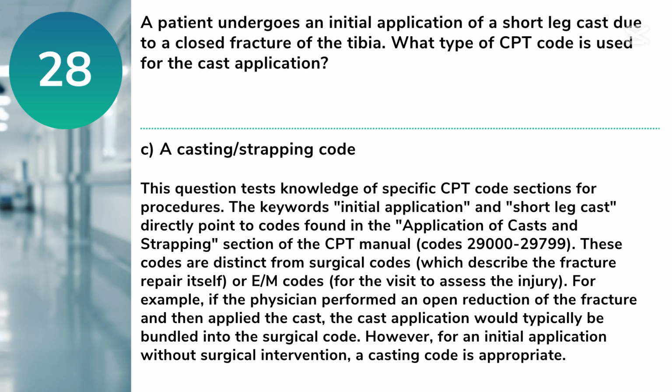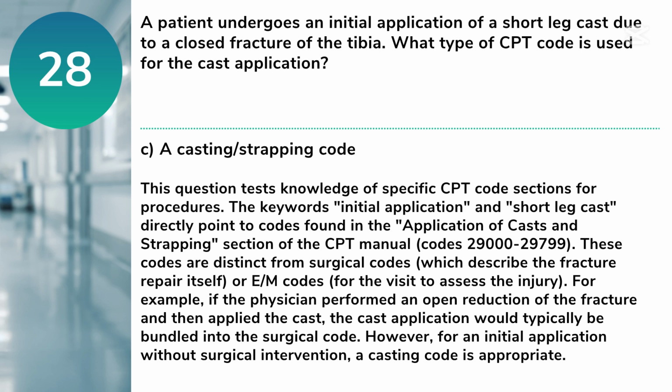This question tests knowledge of specific CPT code sections for procedures. The keywords initial application and short leg cast directly point to codes found in the application of casts and strapping section of the CPT manual, codes 29,000 to 29,799.